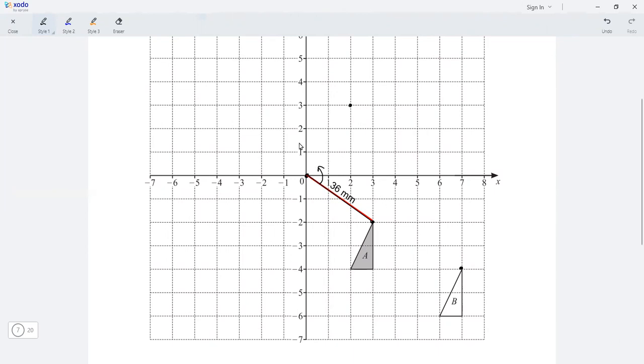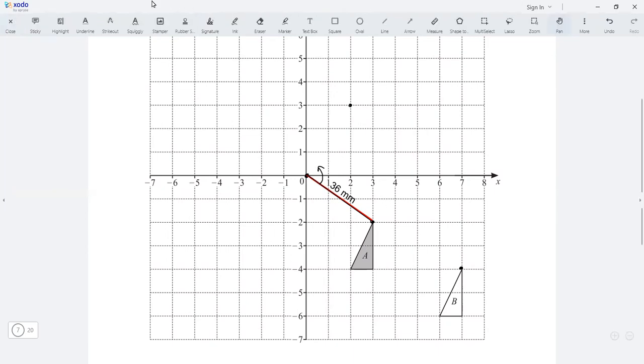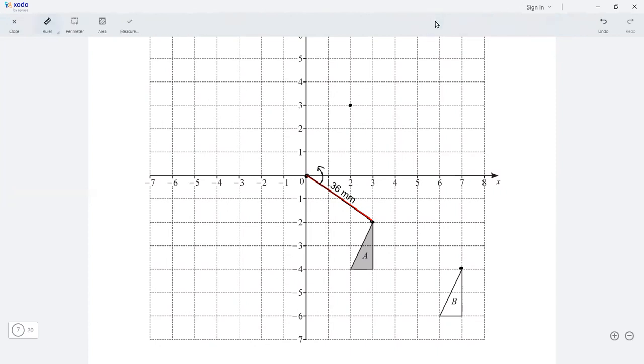So what about the next point? For the next point, we can check the measurements. From this point to this point, it is almost 4.6 centimeters or something.